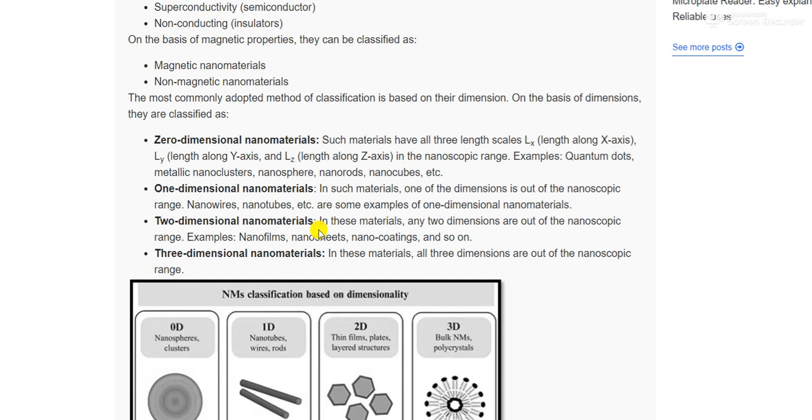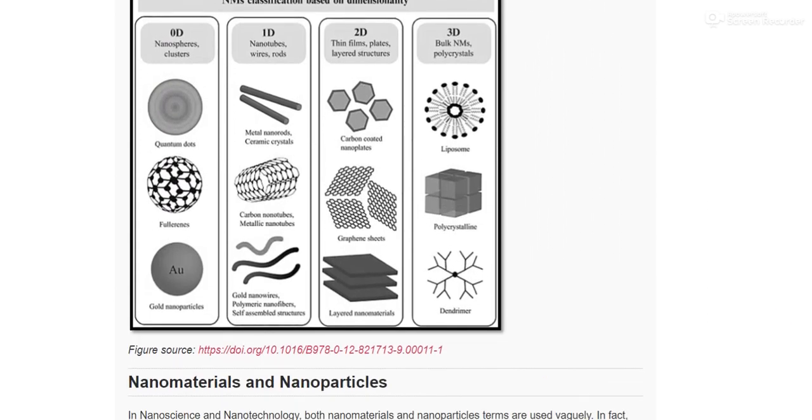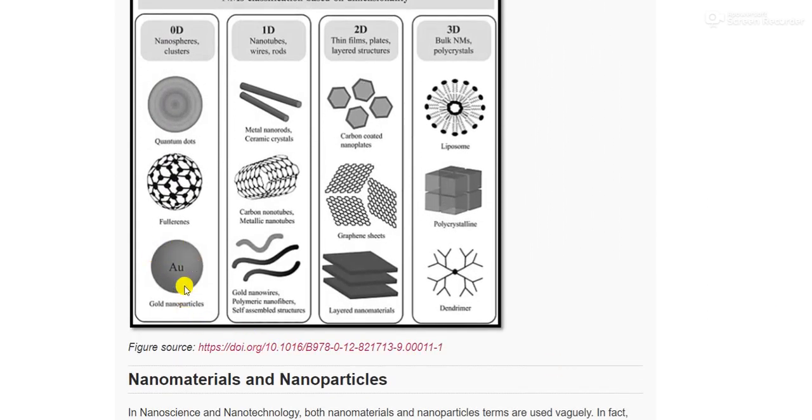Let us see what is the 0 dimensional nanomaterial. In a 0 dimensional nanomaterial, you can see a picture here. It might be a quantum dot, or a fullerene, or a gold nanoparticle. Au stands for gold.